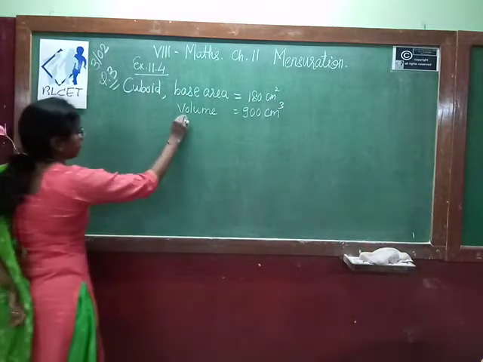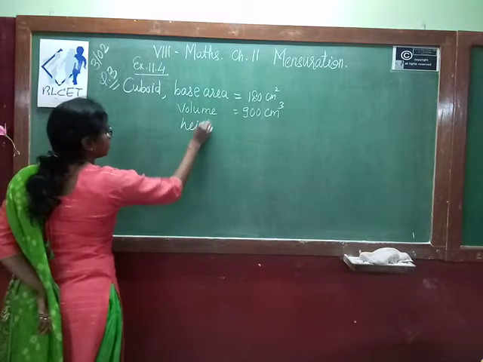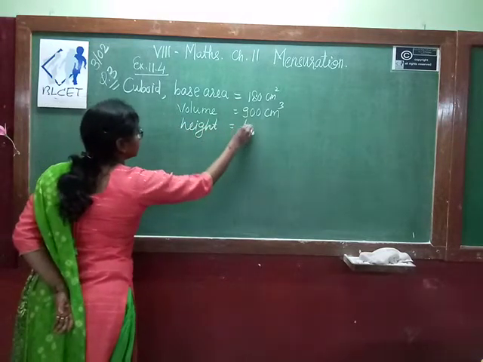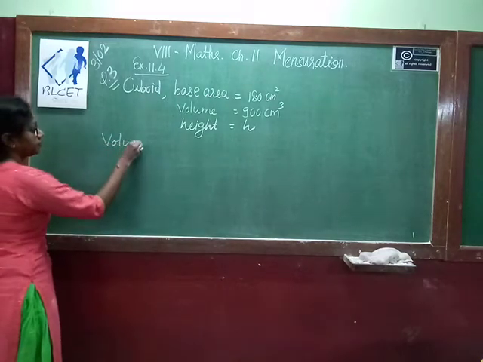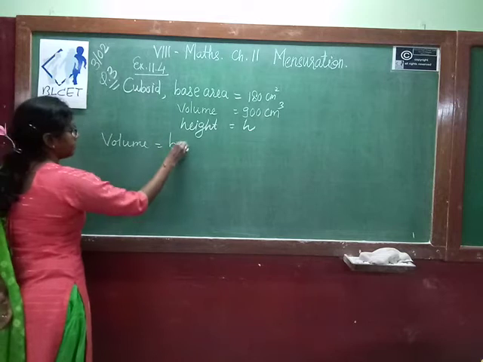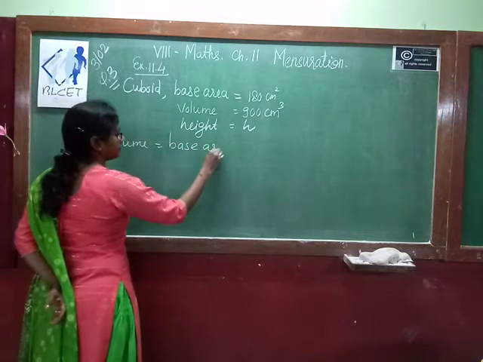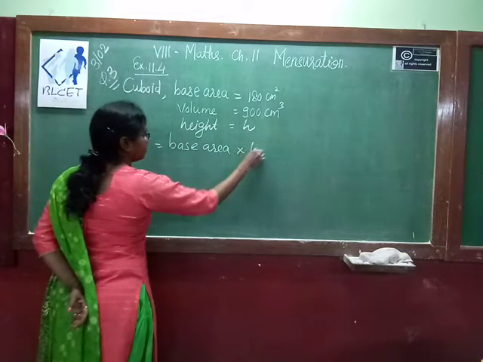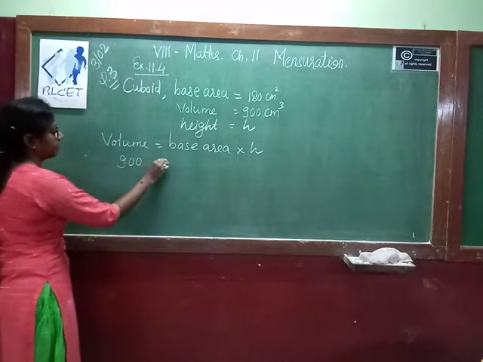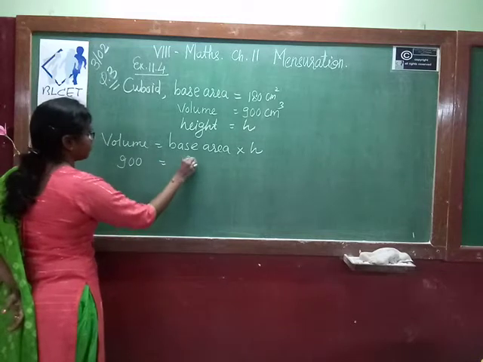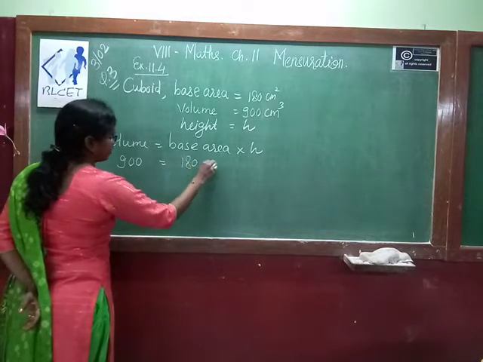So we want to find what is the height of the cuboid. So see, volume is equal to base area into height.